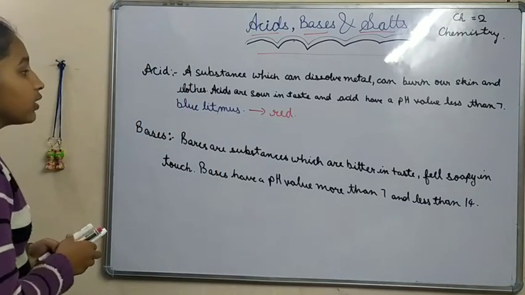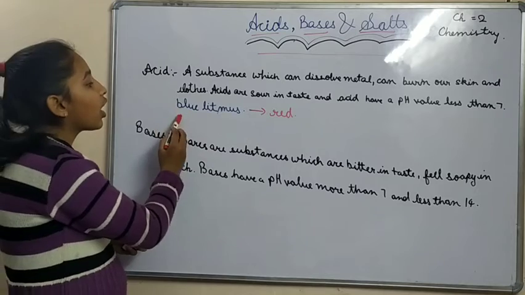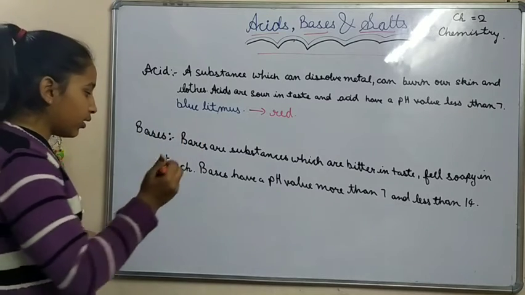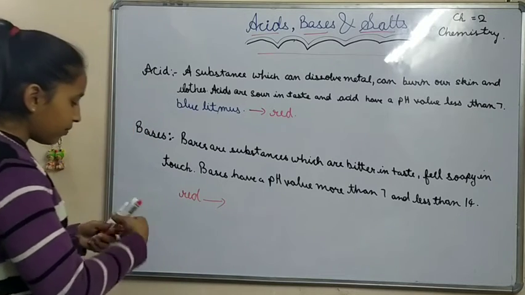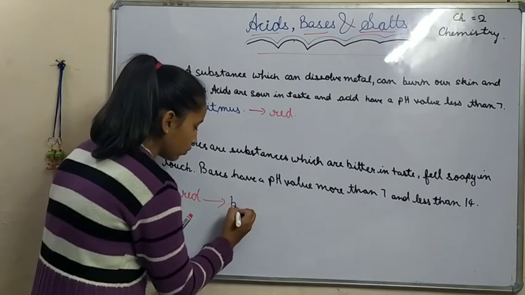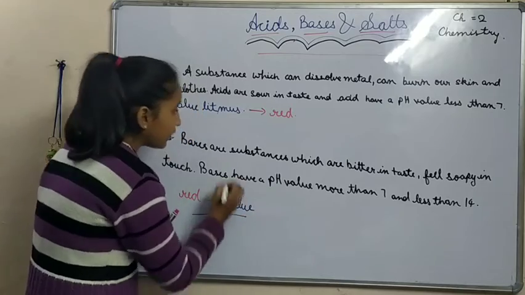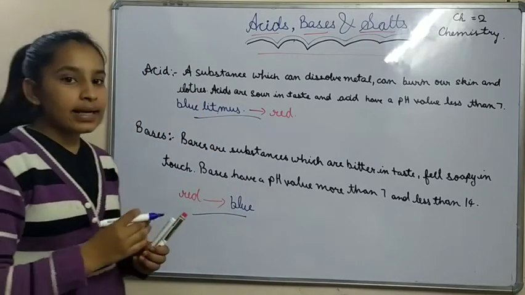Acids can change the color of blue litmus to red, but bases can change the color of red litmus to blue. This is the difference between acid and bases.